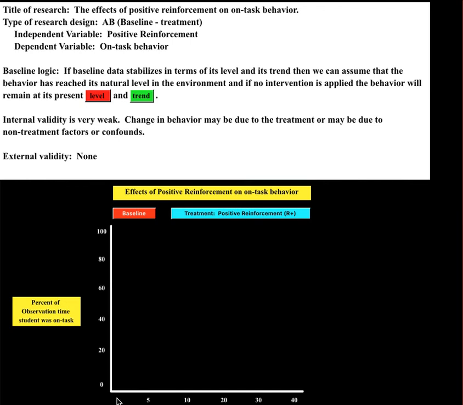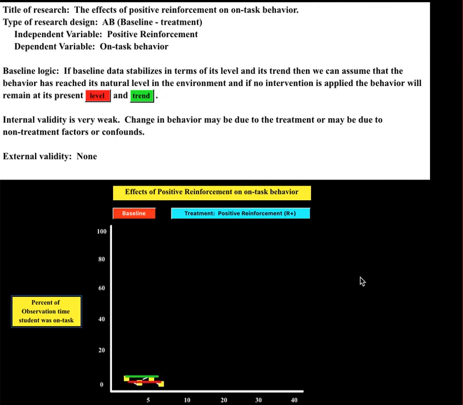On the bottom of your screen, on the x-axis, you will see 5, 10, 20, 30, and let's say those are the class periods that data was being collected. And the y-axis going up from 0 to 100, that's the percent of the observation time the student was on task. Okay, so let's do the baseline condition.